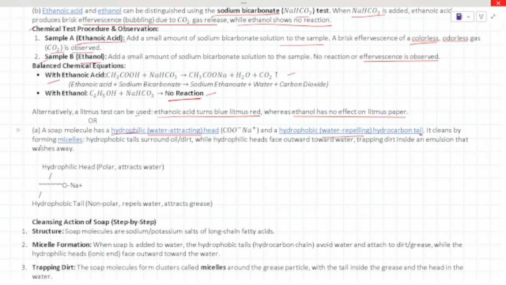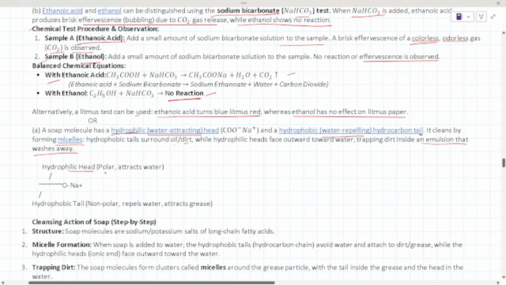It cleans by forming micelles: hydrophobic tails surround the oil or dirt, while hydrophilic heads face outwards towards water, trapping dirt inside, and that washes away.